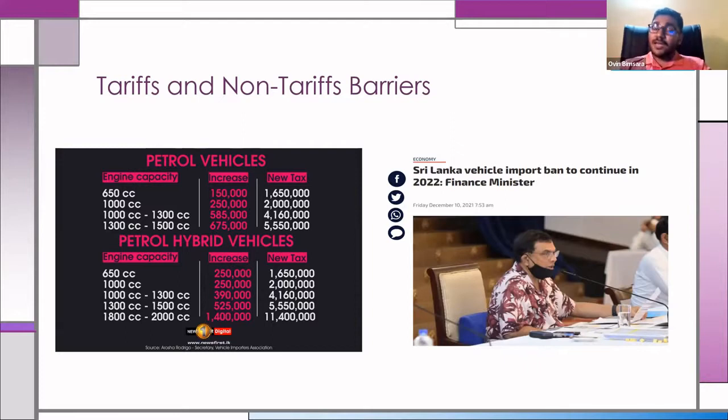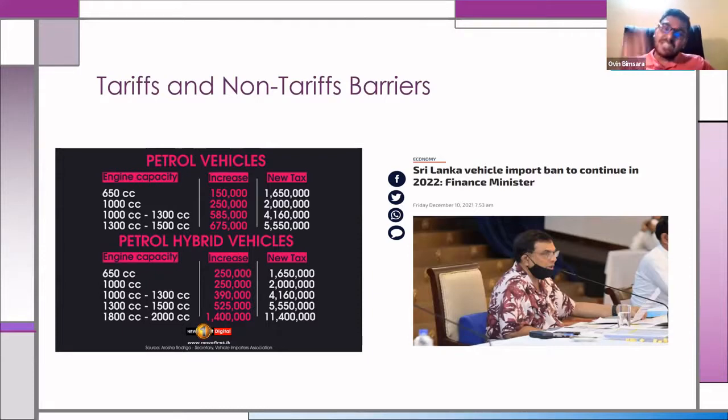But right now, in Sri Lanka, since 2020, we have been unable to import any vehicle to the country because the government has said it is not allowed. And even very recently, the government indicated, even in 2022, we are not letting anyone bring any vehicles inside the country. So this is a non-tariff barrier.